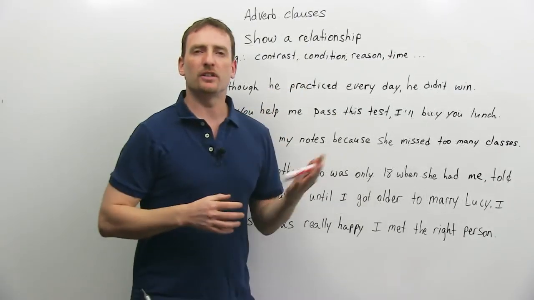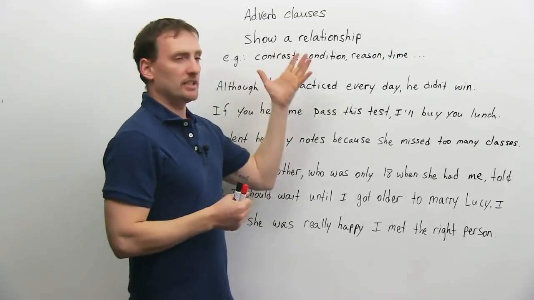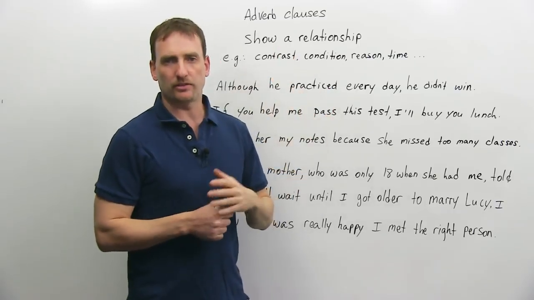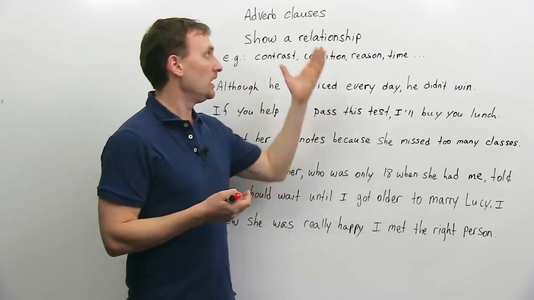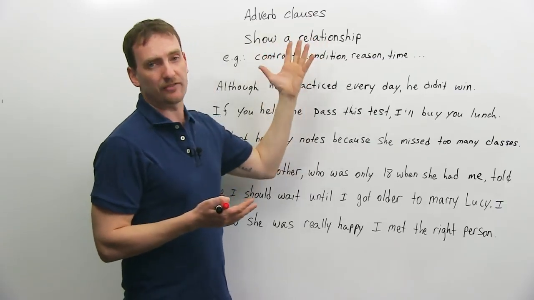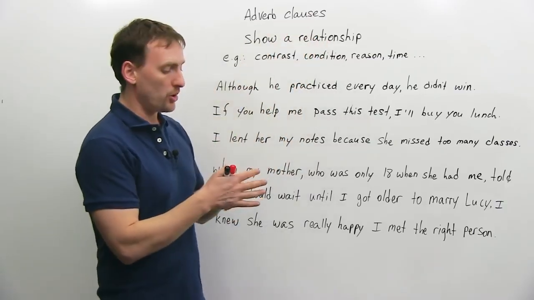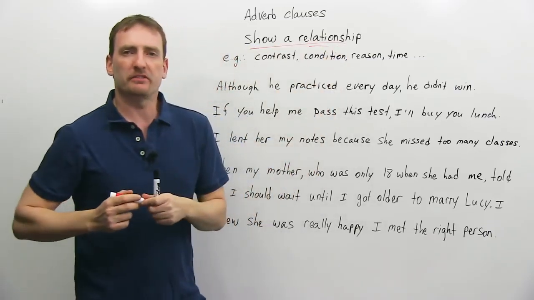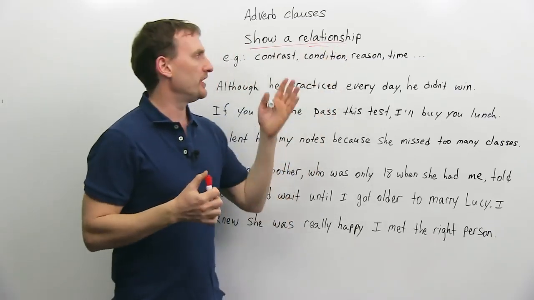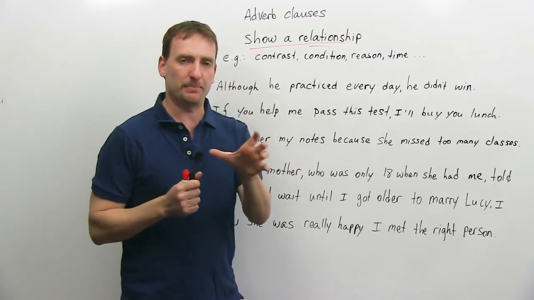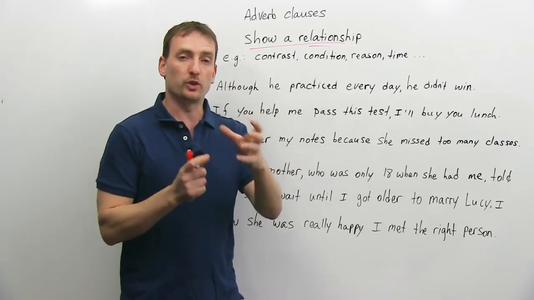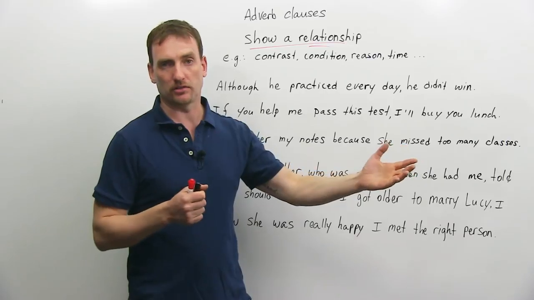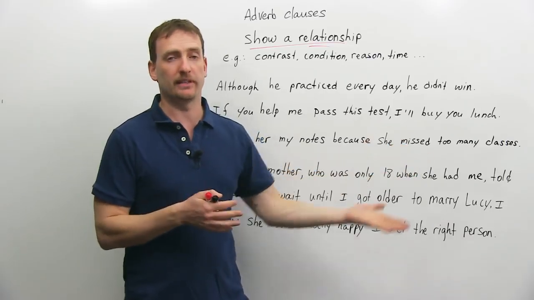Okay, so now we're going to look at adverb clauses. And just like noun clauses and adjective clauses, what does an adverb clause do? Or how does it work? It works like an adverb. And what does it do? It shows a relationship. Now, what is the relationship between? It's very important to remember that a dependent clause is always joined to an independent clause or to other dependent clauses.